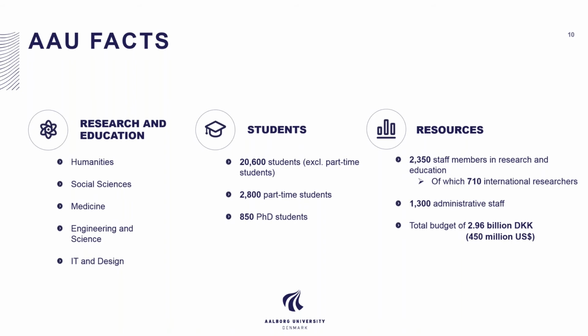We have around 20,000 students and almost 3,000 part-time students and 900 PhD students. So for Denmark, which has 5 million people, this is a pretty large scale. Everything in Denmark is small, so for us this is relatively large.